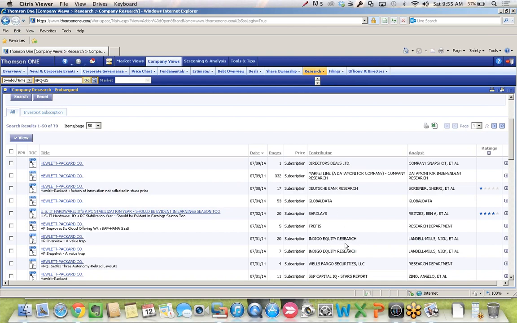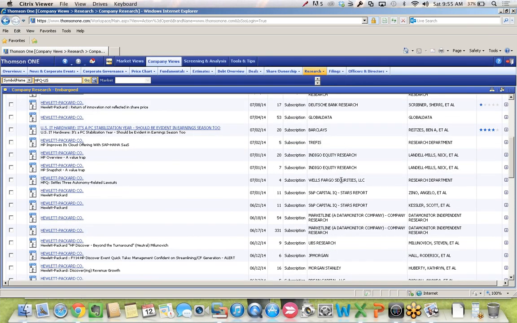I don't know who Indigo Equity Research is, so you may not use that if it's on there, but Wells Fargo Securities, obviously JP Morgan, UBS, Morgan Stanley, and the more recent ones could give you pretty good insight to help you with your valuations, your as-is, and your buy, sell, holds. And there's nothing wrong with using this data, because since we're doing real companies and using real information, you're perfectly okay, as long as you reference it, with using the data from these other companies.